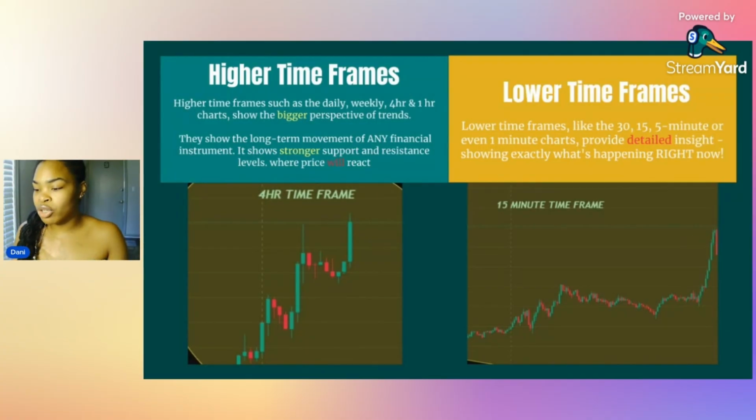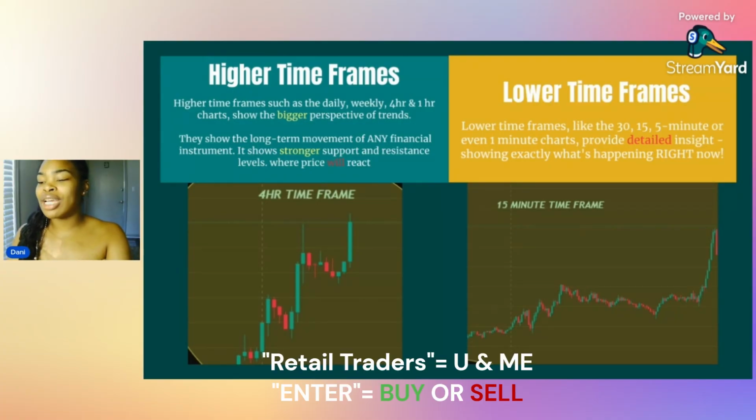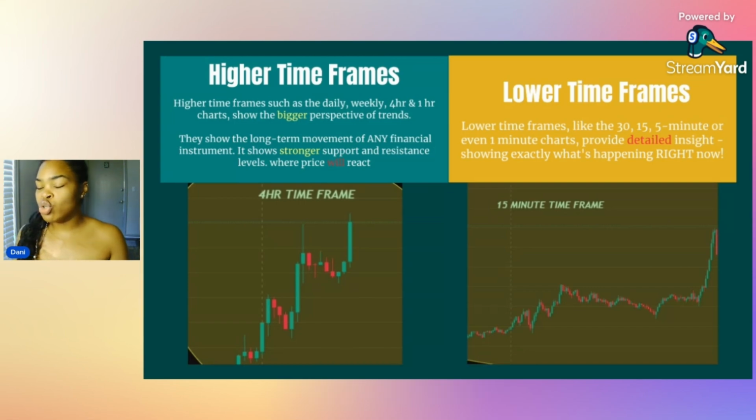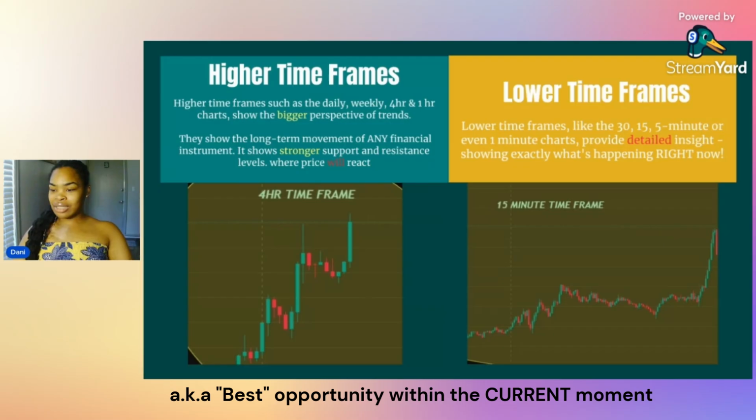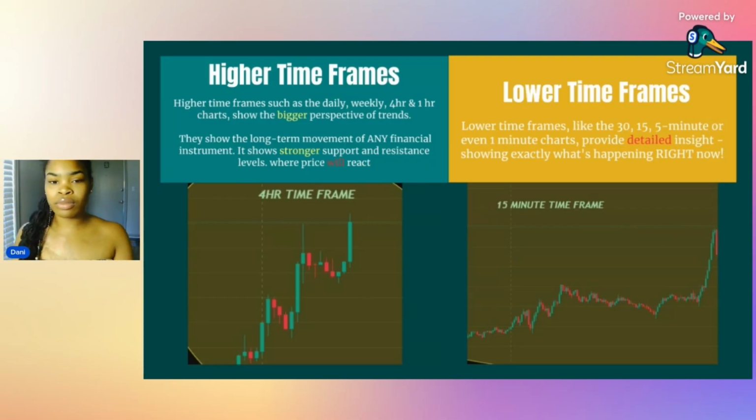More retail traders prefer to enter the market on lower time frames because you will be entering at the lowest level possible for a buy, because we buy low and we sell high.